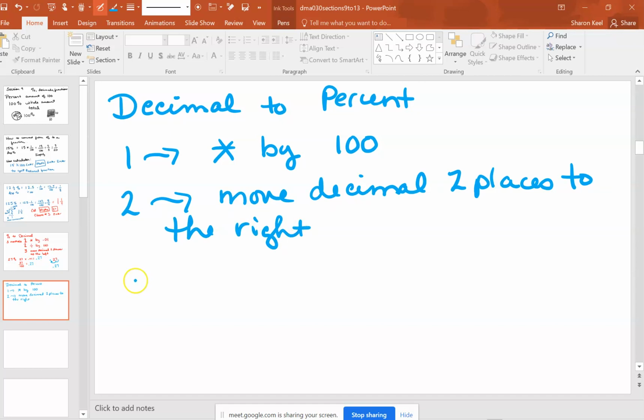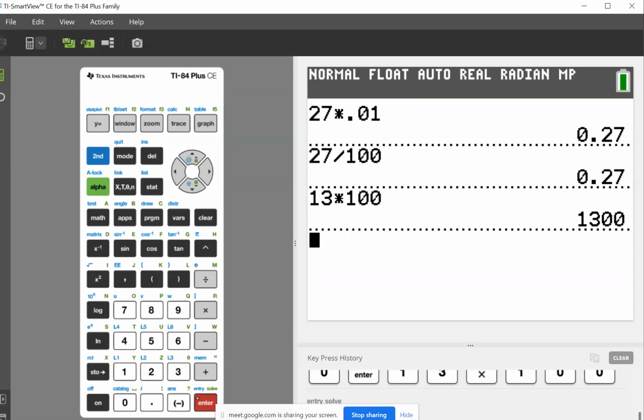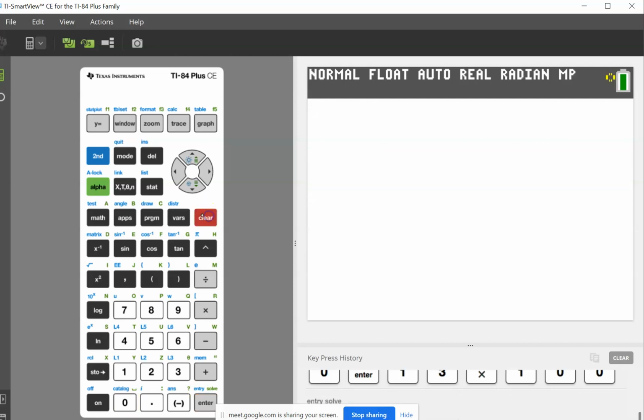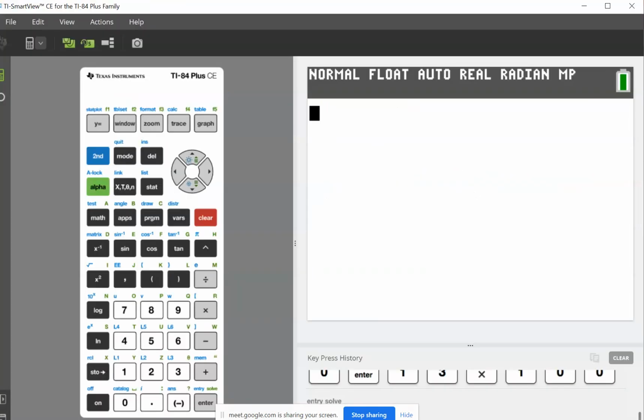So if I were to have, let's say, 0.13, and I want to make that a percent, if I multiply by 100, let's do 13 times 100. Oh, wait a minute, I typed that in wrong. Give me 1 second. Let me look. Yeah, I left my decimal off.